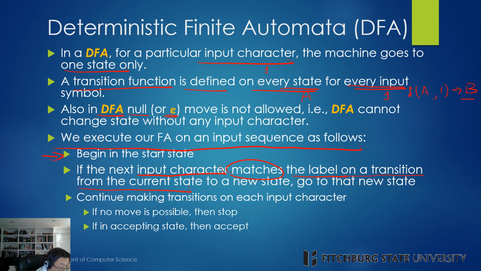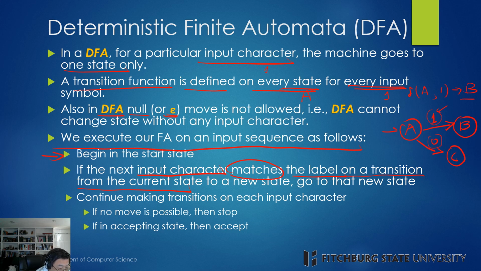So let's say the current state is A. The label on the transition is 1, goes to B. 0 goes to C. That's a label.